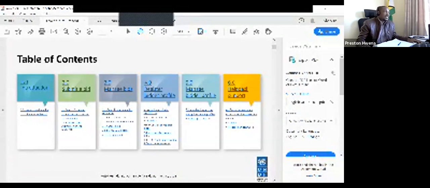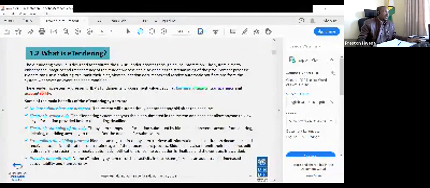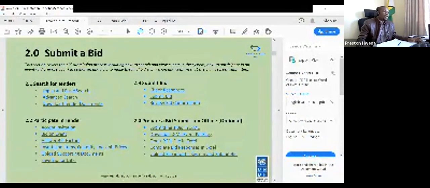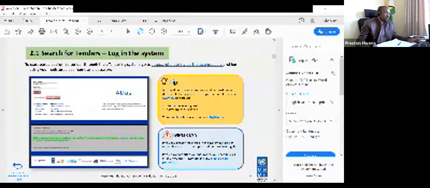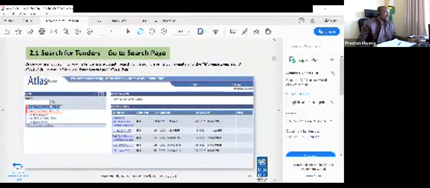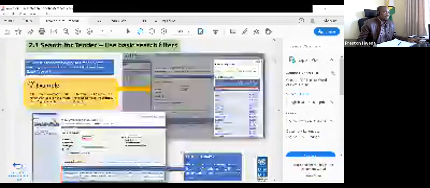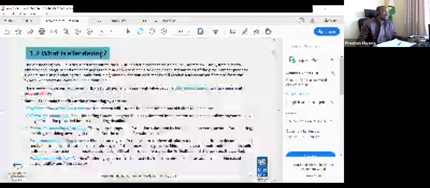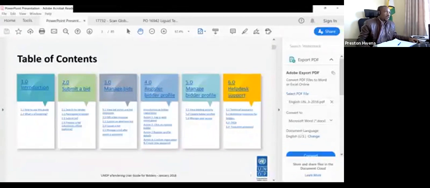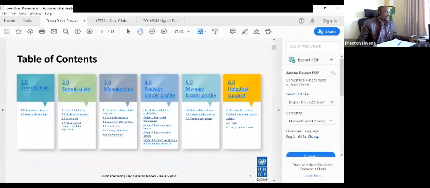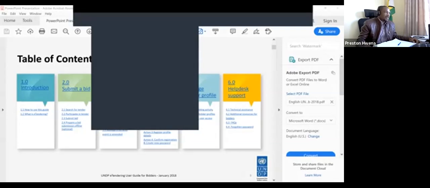It will help you to understand the UNDP e-tendering system, and that will give you the best weapon to be able to use our e-tendering platform. You also see from the bidding documents some short videos that you can also make use of as far as the registration is concerned.